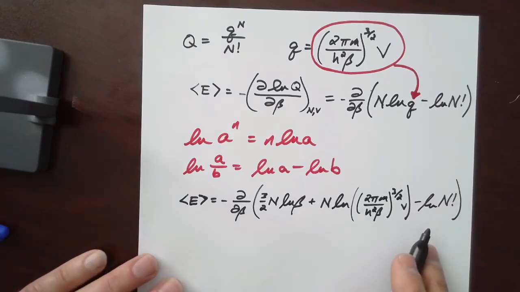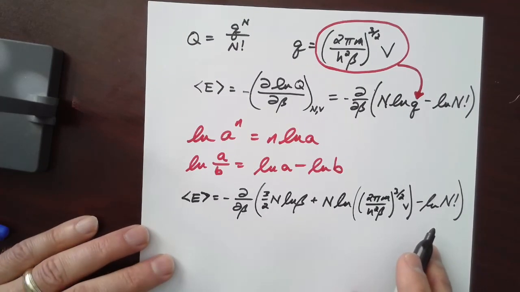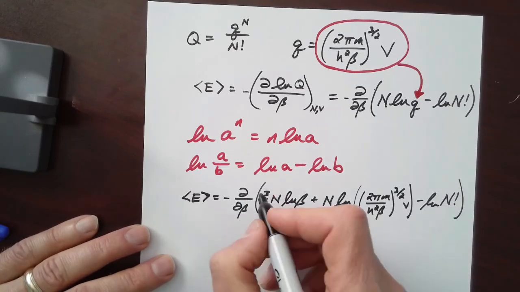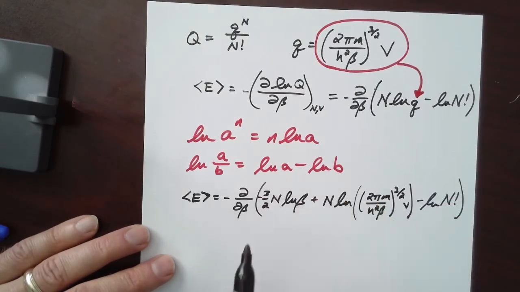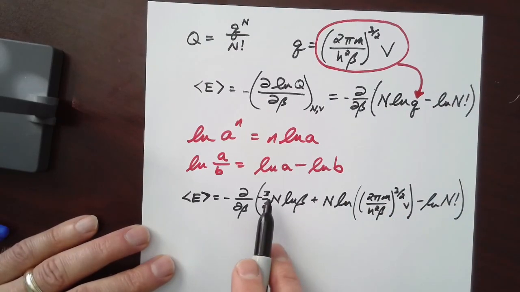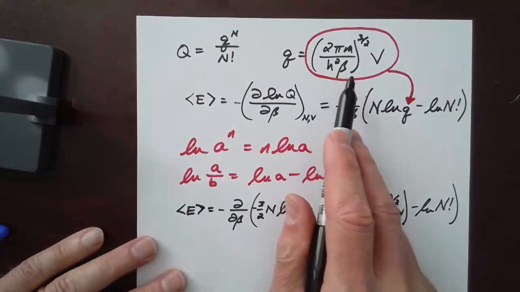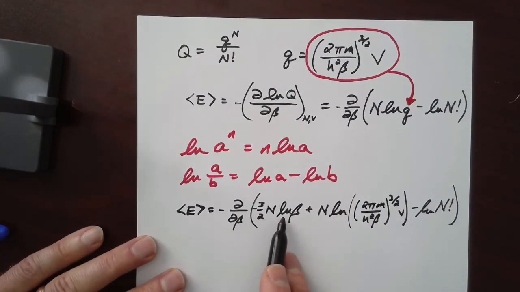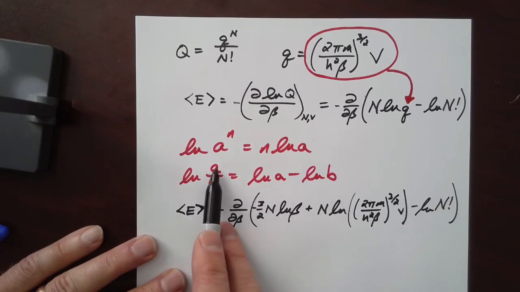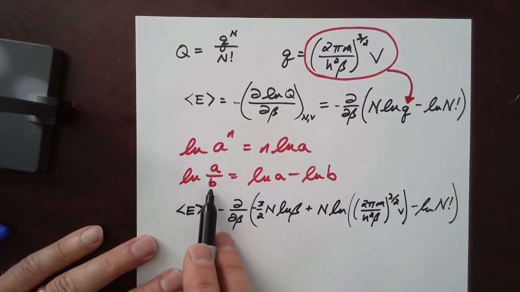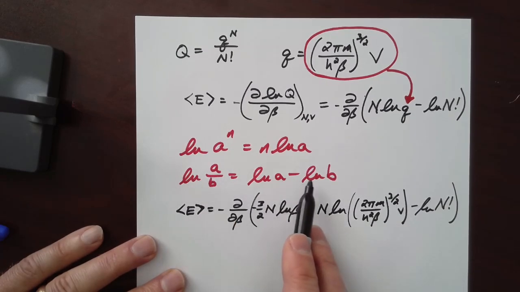I'm going to take the derivative of all this stuff right here. Oh, sorry, there is a negative sign here, because beta is downstairs, in the denominator. How do we get this? Same thing: ln of a over b is ln of a minus ln of b.